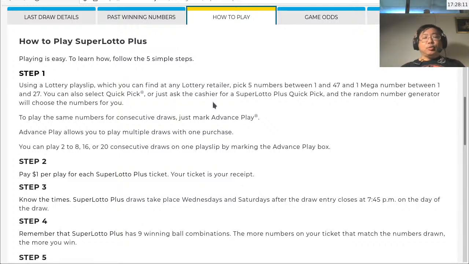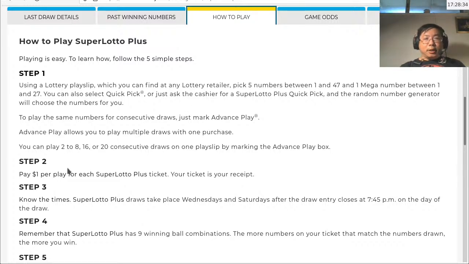The mega number is between 1 and 27. So on the Lotto ticket, you got 6 numbers. The mega number can actually repeat one of the five numbers that you have chosen. Those two are independent: the first five numbers and the mega number are independent.